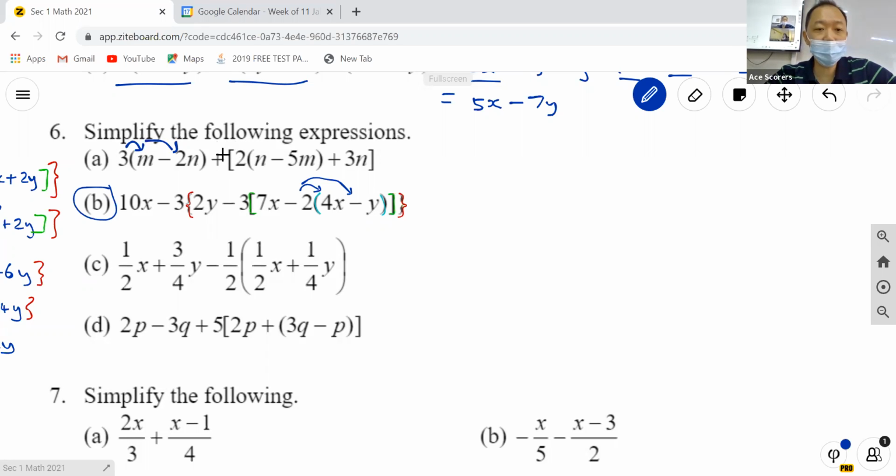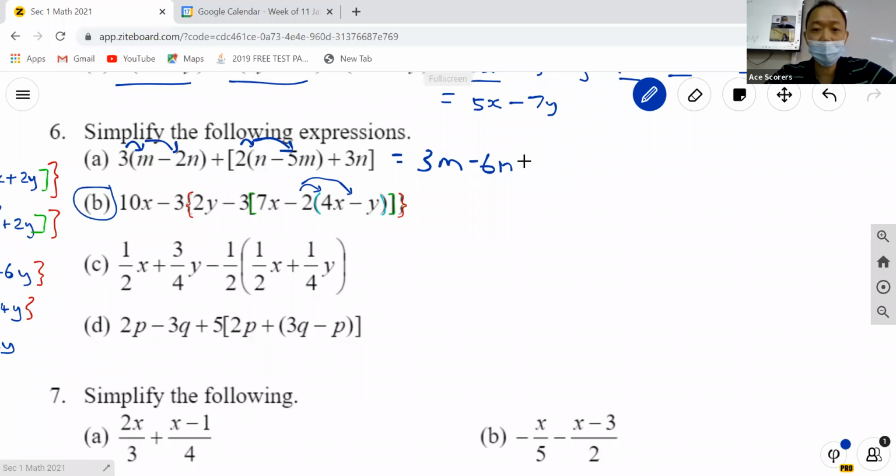Then after that, here we have 2 categories of bracket. We have the square one and the curved one. Don't care about the square one first. Solve the curved one first. So the 2 rainbow in. Okay, so eventually what do we get? Let's do 3 times m, so it becomes 3m. And then 3 times minus 2 becomes negative 6n.